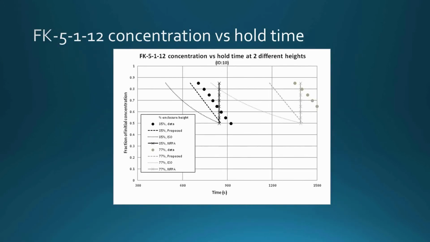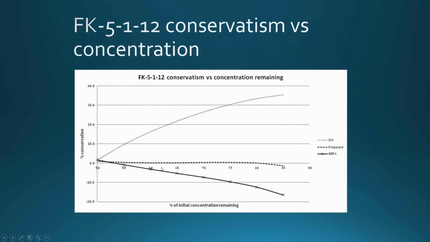When we look at halocarbons, the existing equations that we have for the sharp interface are actually pretty accurate. As we see here for Novec, NFPA or the sharp interface is a little bit of a negative conservatism, which means optimistic, and here we're showing the ISO equations at 0.85 of initial concentration being extremely conservative.